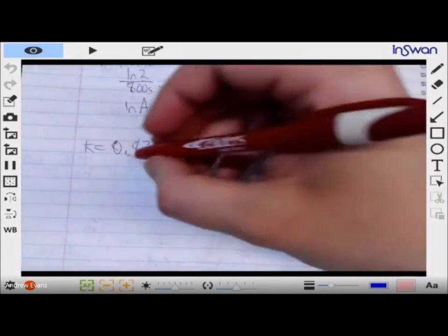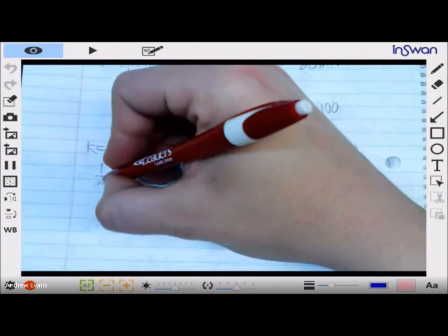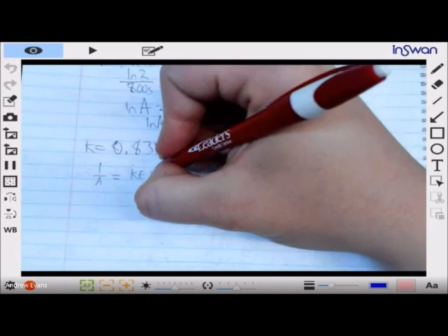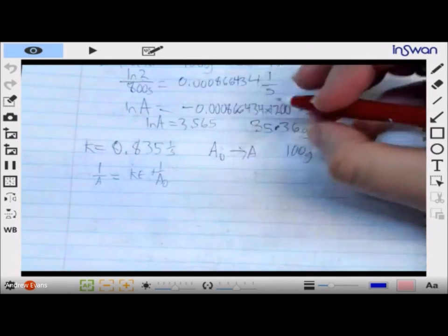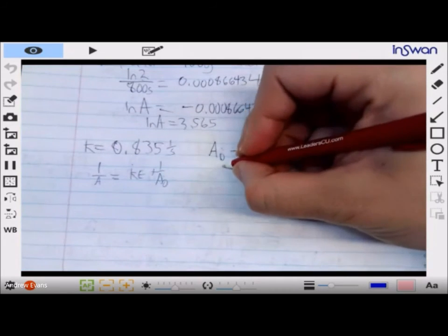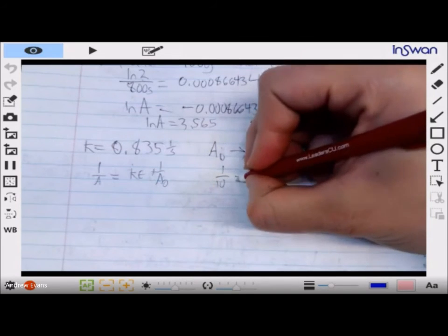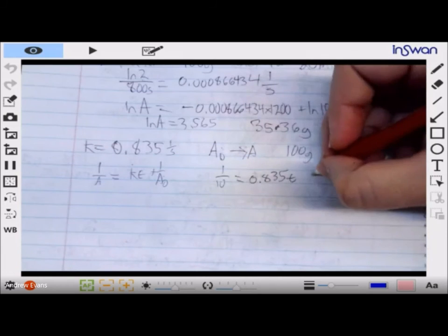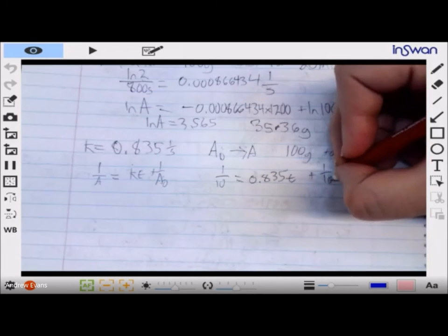Our second order equation is 1 over A equals kt plus 1 over A sub 0. Plugging in what we have, 1 over 10 equals 0.835 t plus 1 over 100.